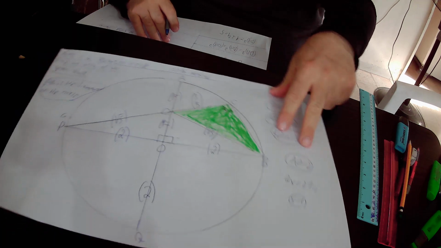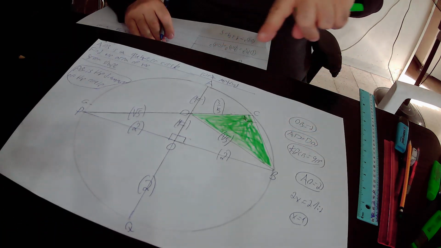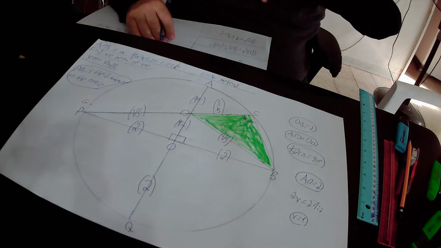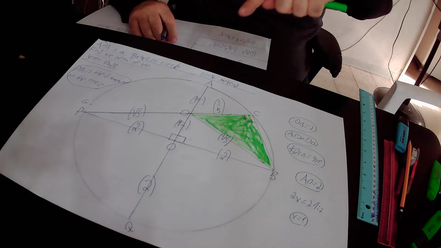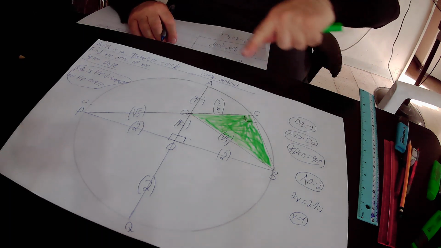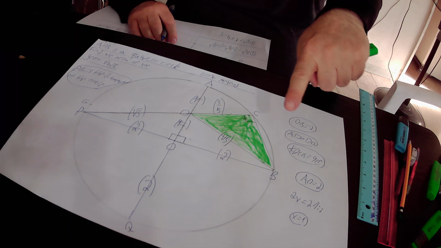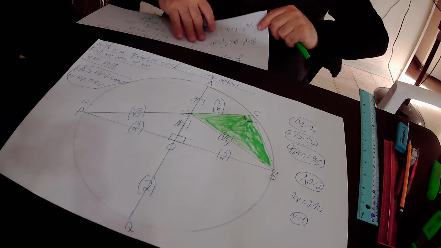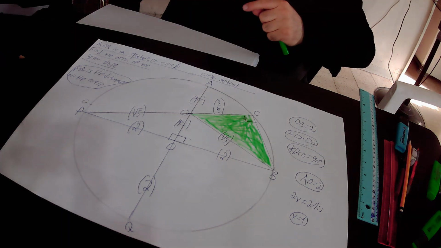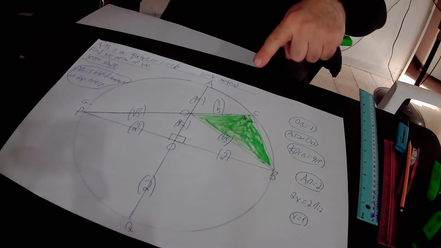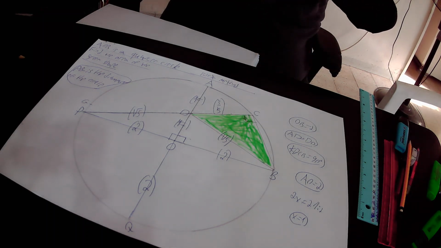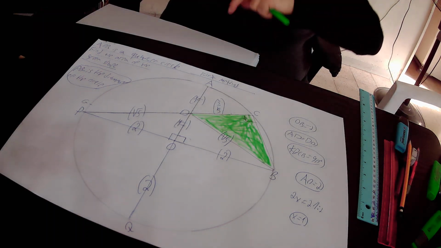In the next step, I'll copy the right green triangle DCB onto a new page and we'll implement the Pythagoras theorem on this green right triangle DCB in order to find the missing side CB. Repeat again, our mission is to find the area of this green right triangle DCB.